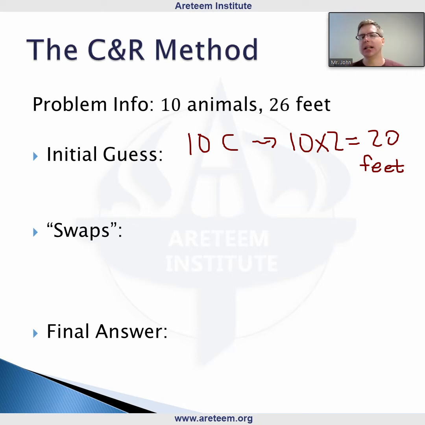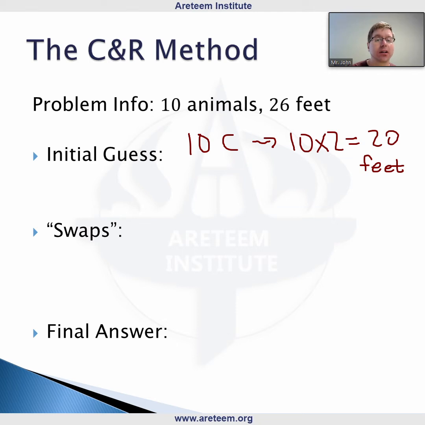We'll see in another method we can do all rabbits. That's not going to change anything, of course. But we have this initial guess and we have an initial number of feet that we can work with. Now, our initial guess is wrong, of course, because we actually want 26 feet.